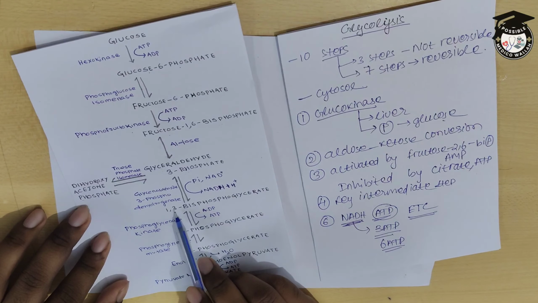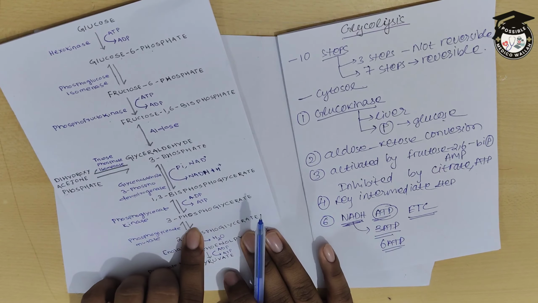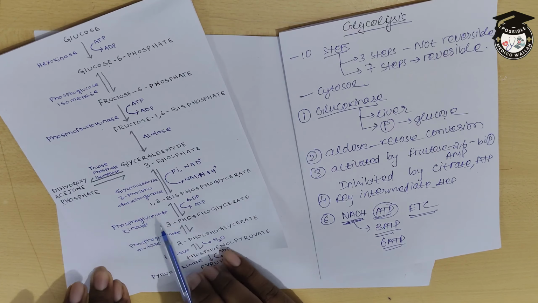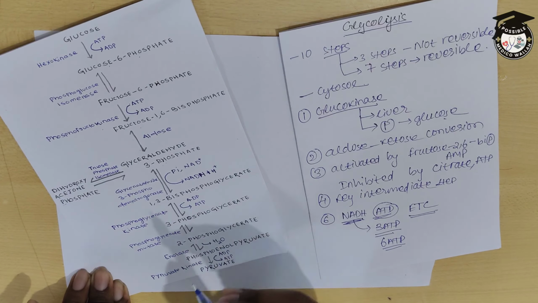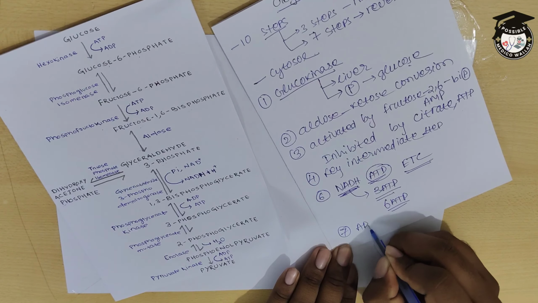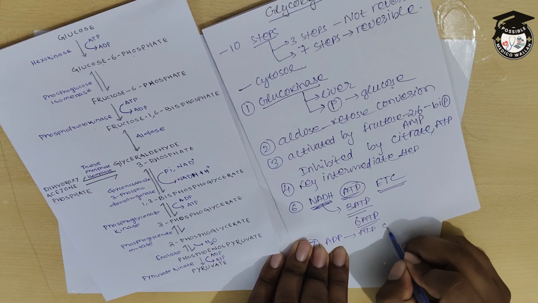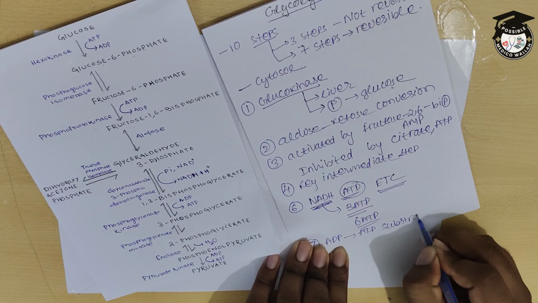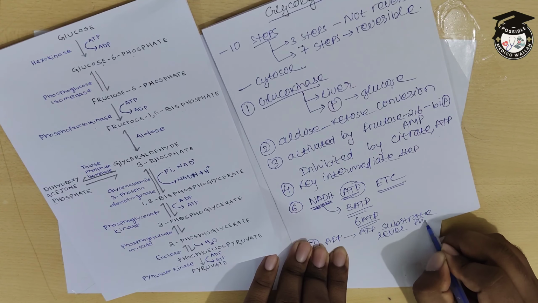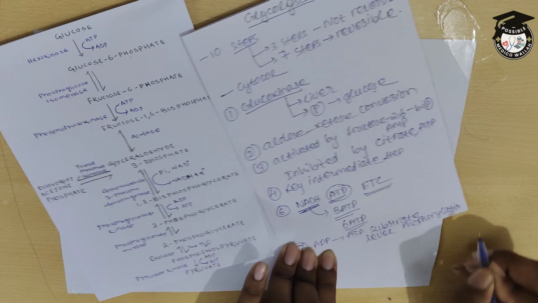Come to the next step. 1,3-bisphosphoglycerate is converted to 3-phosphoglycerate, meaning 1 phosphate is removed, by phosphoglycerate kinase. In this, ADP is converted to ATP. This is known as substrate level phosphorylation.